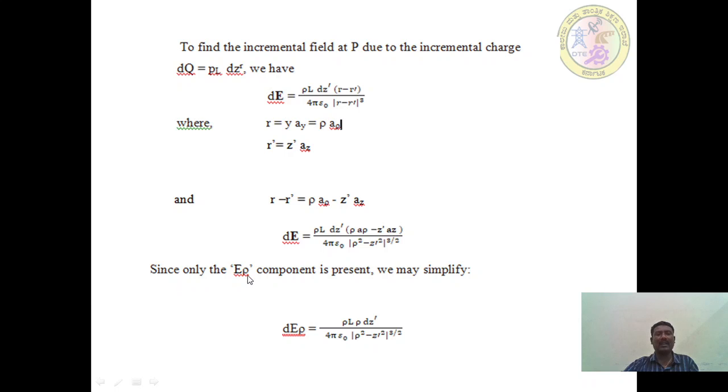Since only the e rho component is present in the z direction, simplifying this we get dE rho is equal to rho L rho dz dash divided by 4 pi epsilon naught into rho square plus z dash square to the power of 3 by 2.